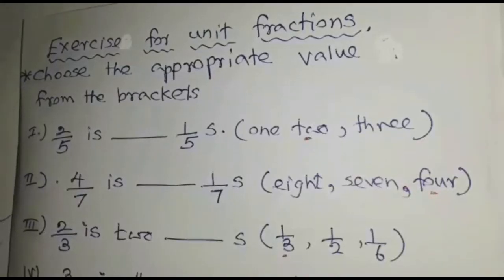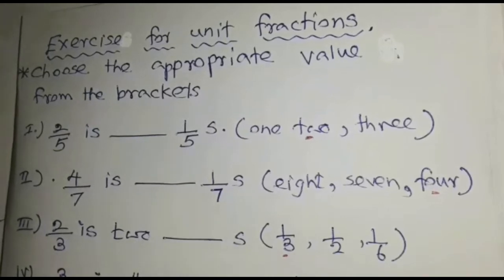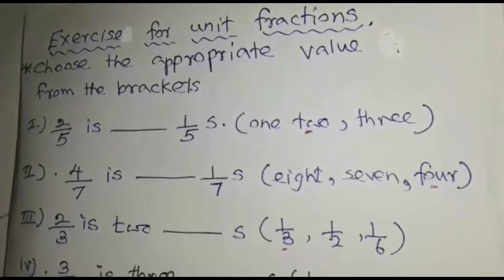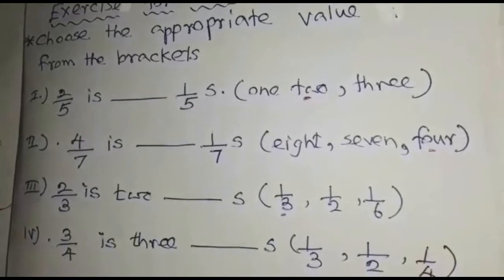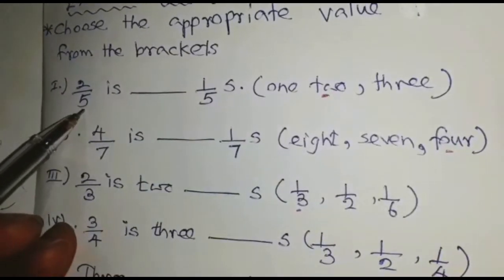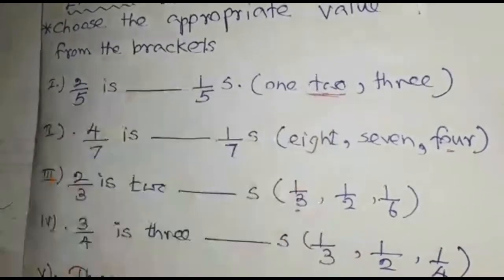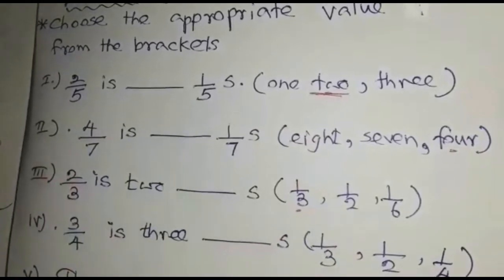Now see this exercise. Choose the appropriate value from the brackets. Answers are given in the bracket. First one, 2 over 5 is 2 1/5.